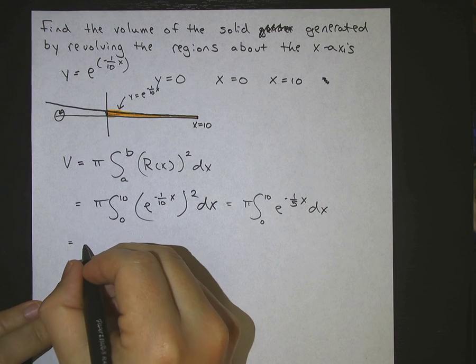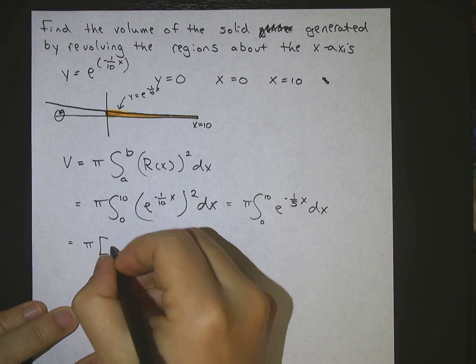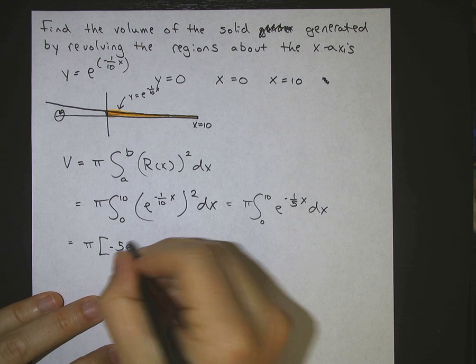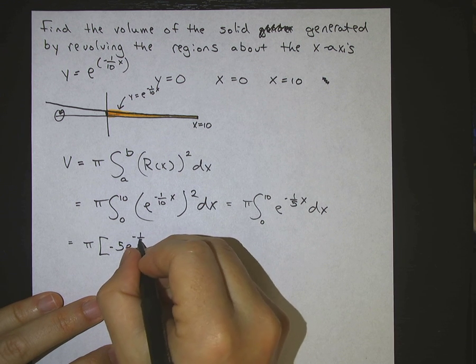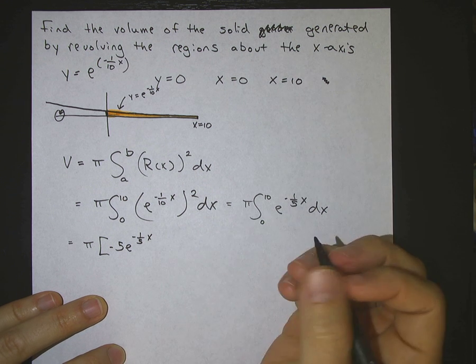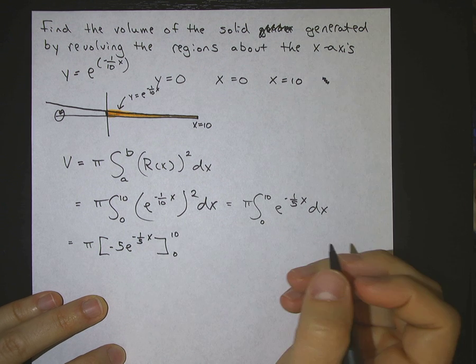It'll end up being pi times negative 5 e to the negative 1/5 x. So we divide by that upper limit. Basically, it's u substitution, but I'm skipping that step. We'll go from 0 to 10.